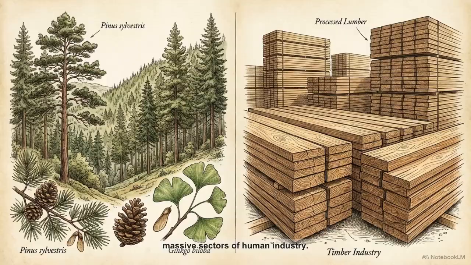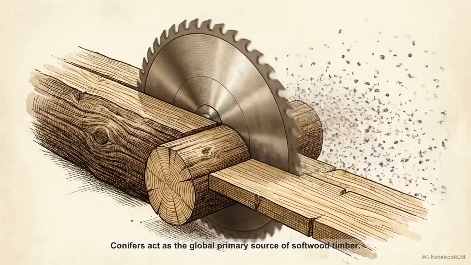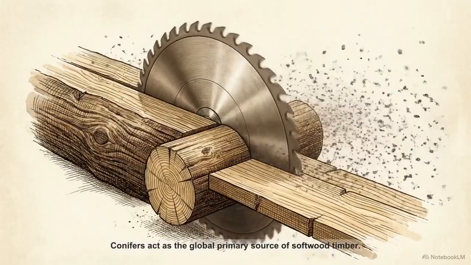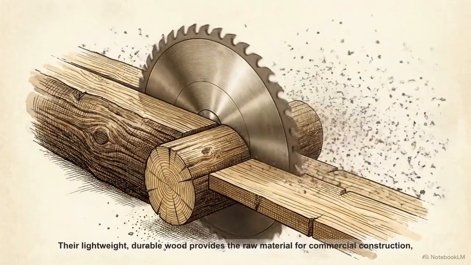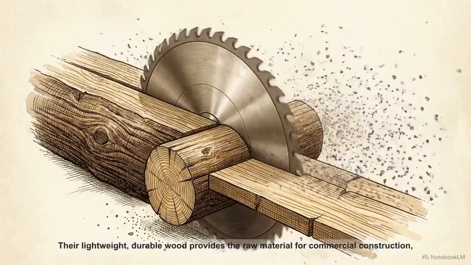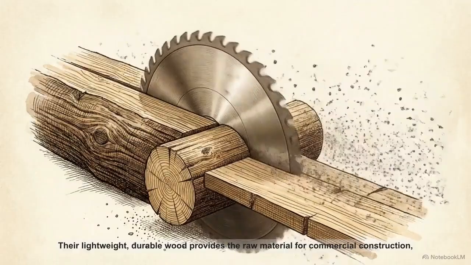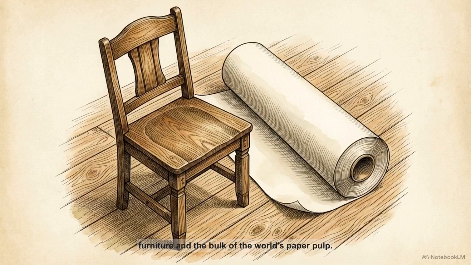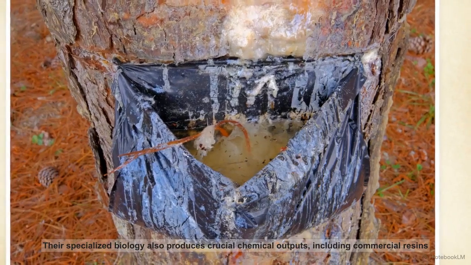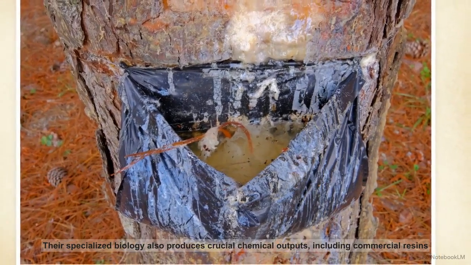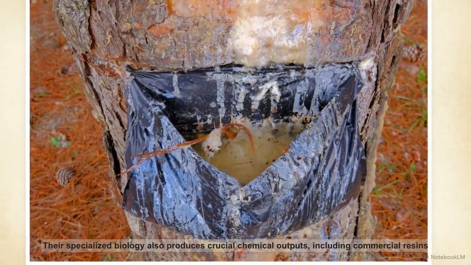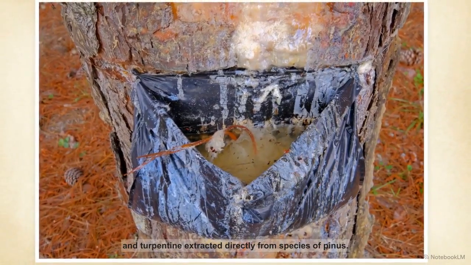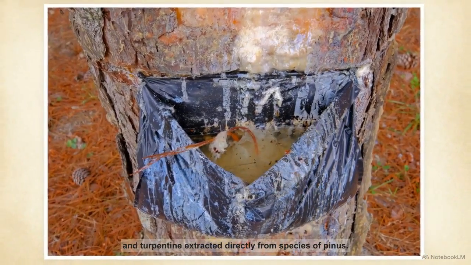Conifers act as the global primary source of softwood timber. Their lightweight, durable wood provides the raw material for commercial construction, furniture, and the bulk of the world's paper pulp. Their specialized biology also produces crucial chemical outputs, including commercial resins and turpentine extracted directly from species of Pinus.